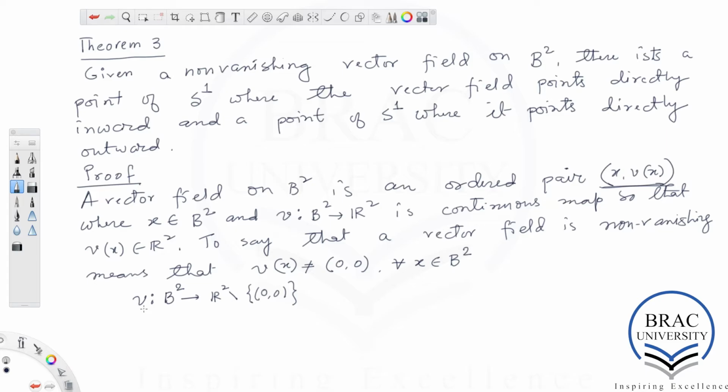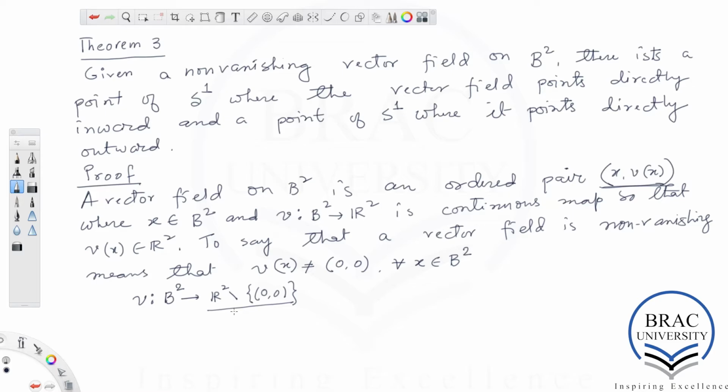Good. So we'll be concerned with ordered pairs (x, V(x)), where x is a point on the two-dimensional disk and V(x) is in R2 set minus (0,0), where V is a map from B2 to the punctured two-dimensional Euclidean plane. Okay, so we'll prove it by contradiction.